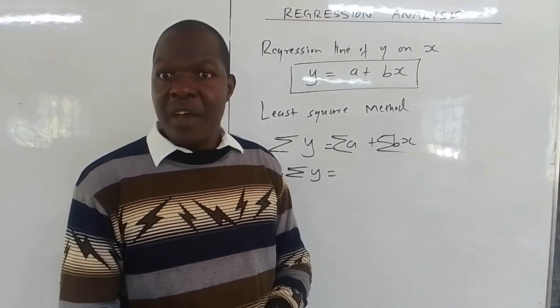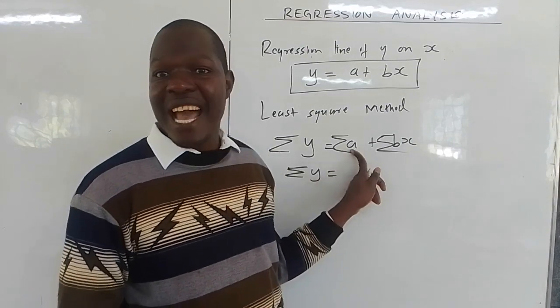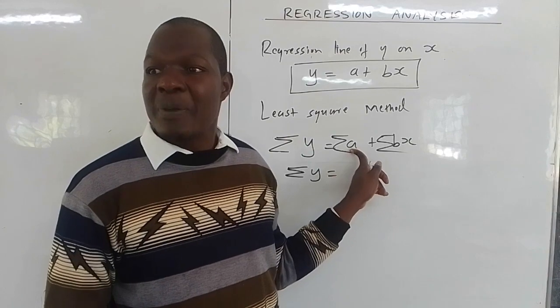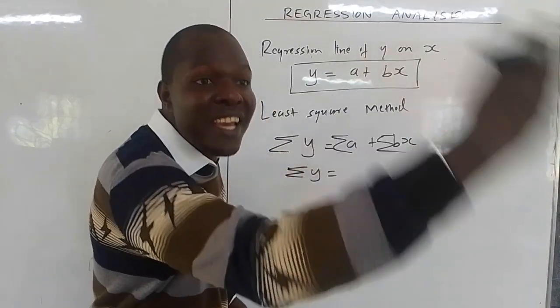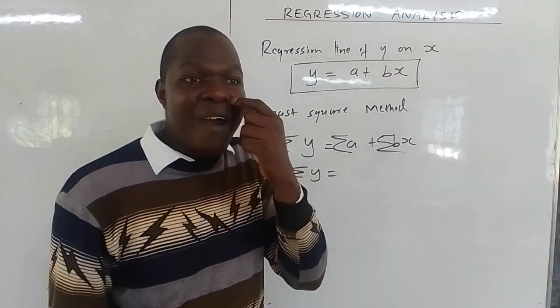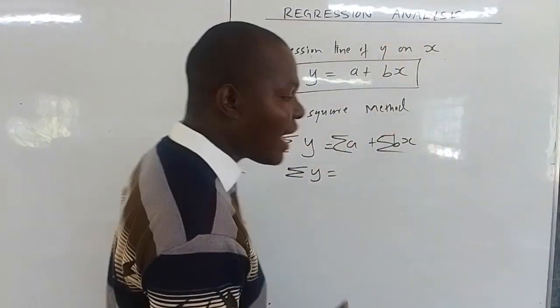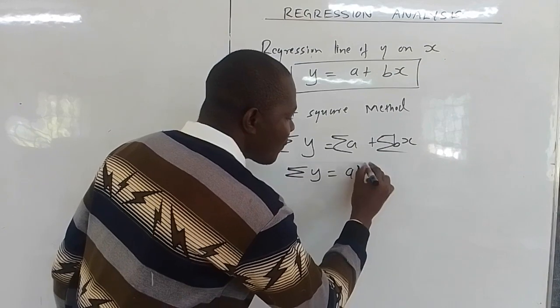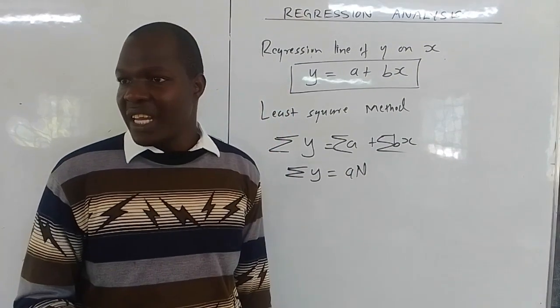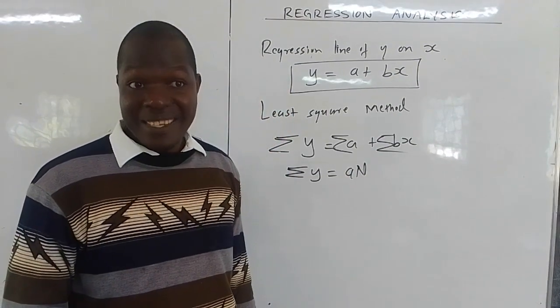If there were 10 students, you are going to sum this 10 times. A plus a plus a 10 times, which is the same as 10a. But in that we don't know the number, we are going to sum a n times, so when we sum a n times, we get an, isn't it?